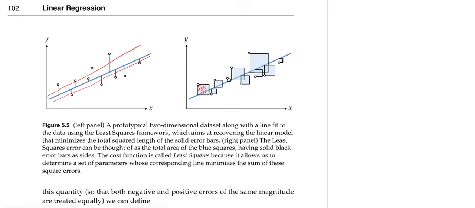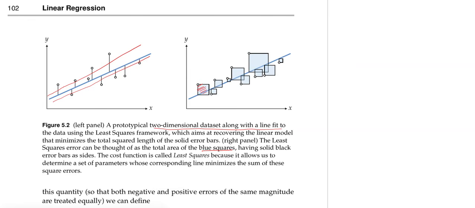The left panel is a two-dimensional data set along with the line fit to the data using the least squares framework, which aims at recovering a linear model that minimizes the least squares length of the solid bars only, whereas on the right side are blue squares, because of the solid block errors.